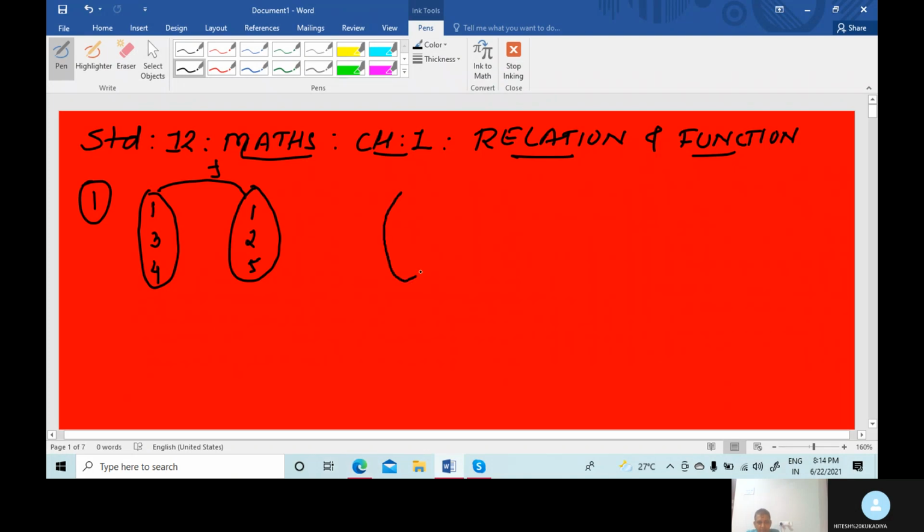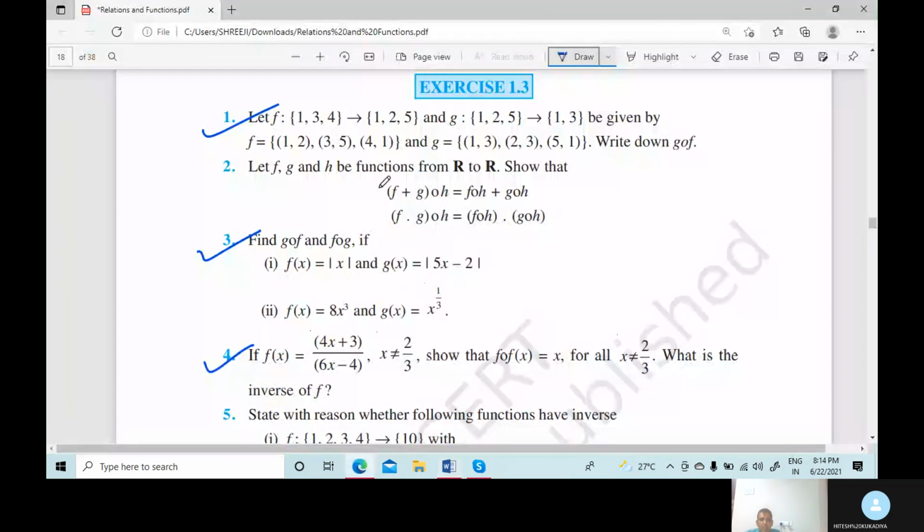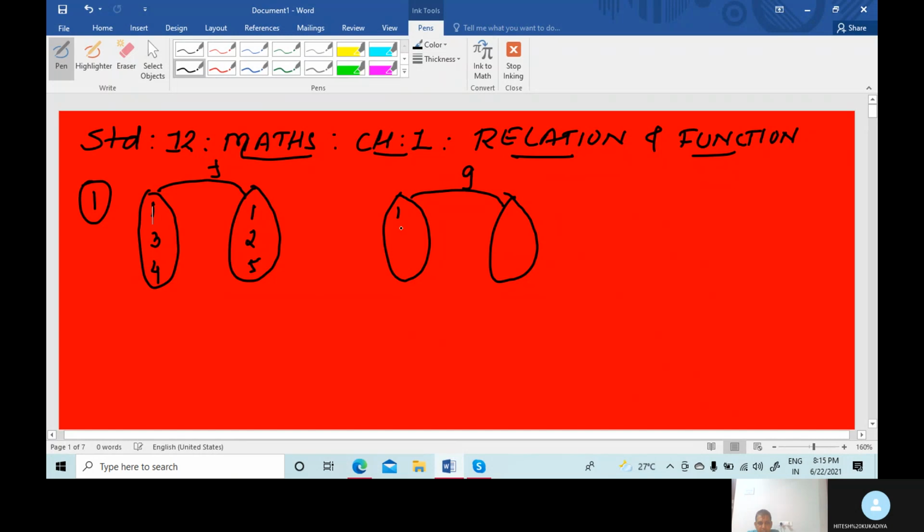Now we draw the function g, with its domain and codomain. Function g is from {1, 2, 5} to {1, 3}.